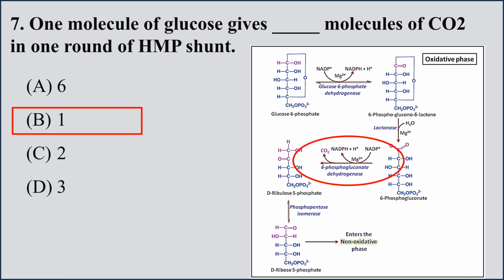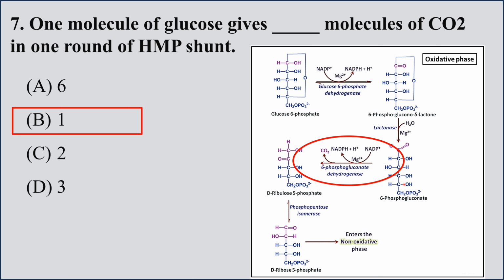In this third reaction, as glucose is a 6-carbon molecule, when it goes through the reactions, this is the reaction in which 6-phosphogluconate is converted into ribulose 5-phosphate. So this 6-carbon sugar is converted into a 5-carbon sugar to give rise to the production of pentoses, which are 5-carbon molecules.